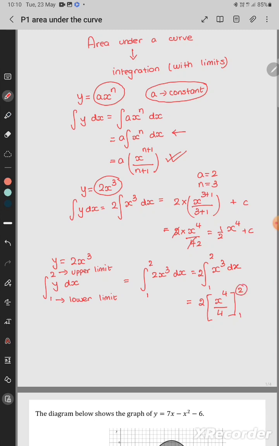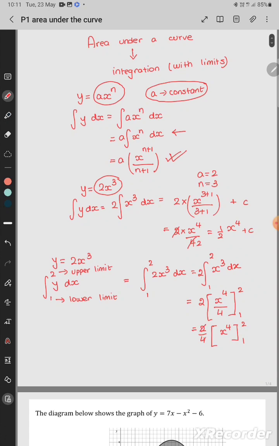I'm writing the upper limit on top, followed by the lower limit at the bottom. Now again, 4 is a constant, so I can put that outside the brackets. So this again simplifies to half, so half bracket x to the power 4, from 1 to 2.